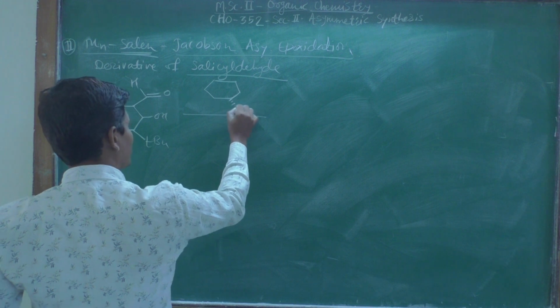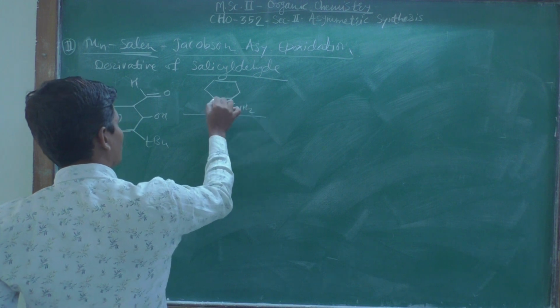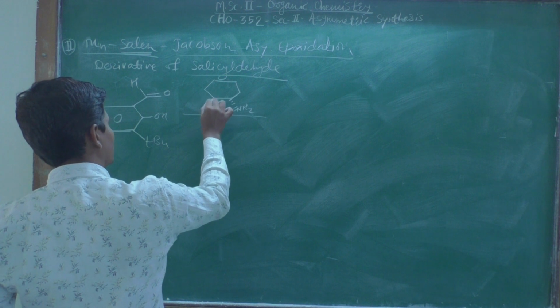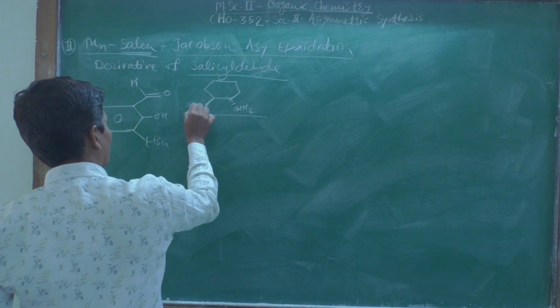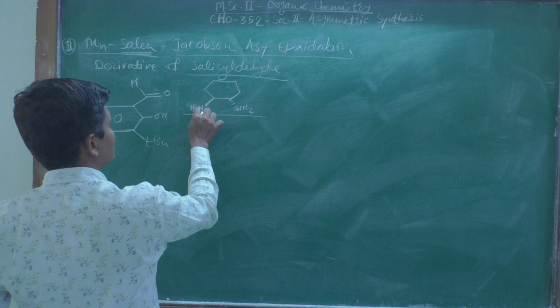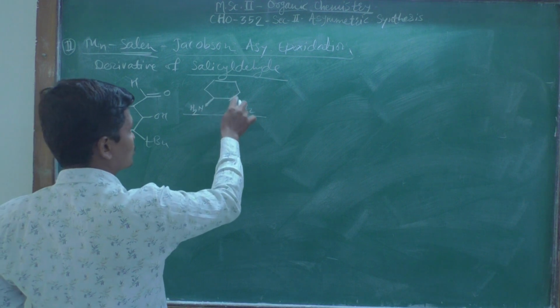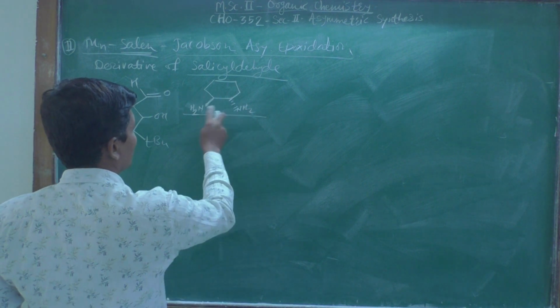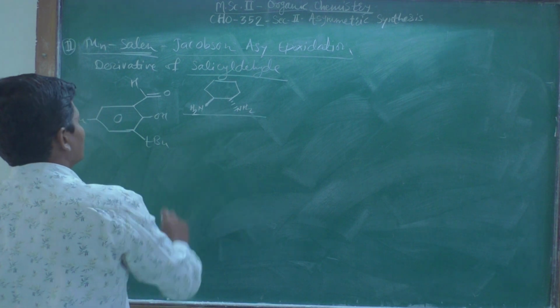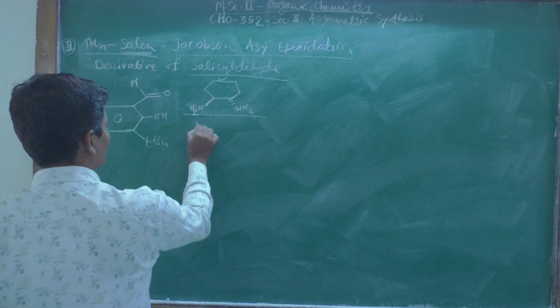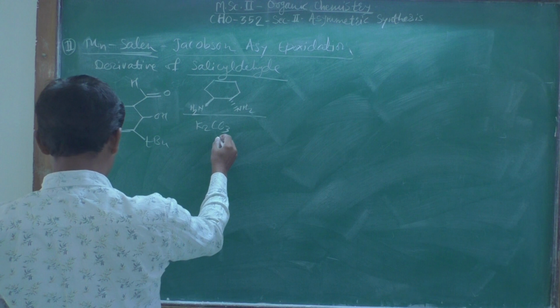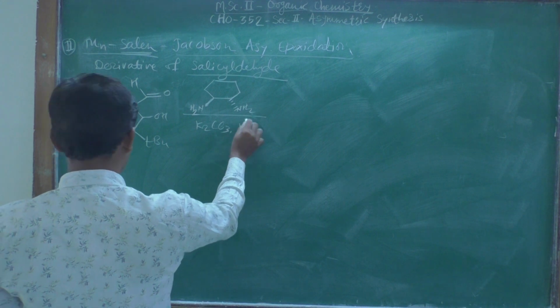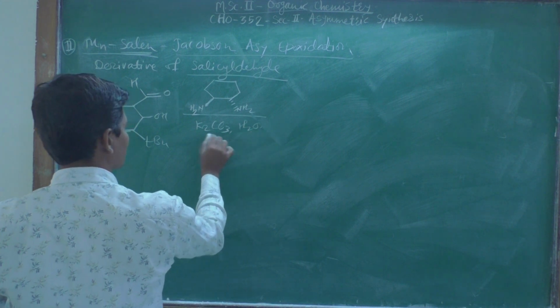This is a diamine, NH2, and this is also NH2, but there is a difference: this NH2 group is above the plane and this NH2 group is below the plane, so they are anti to each other. K2CO3 base is used, potassium carbonate, with water and ethanol and some heating.